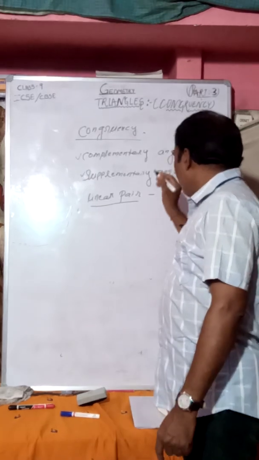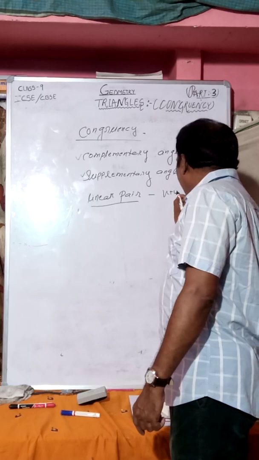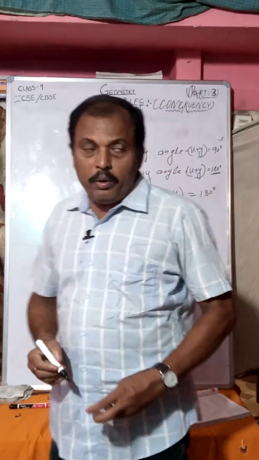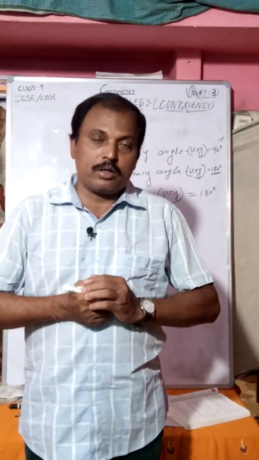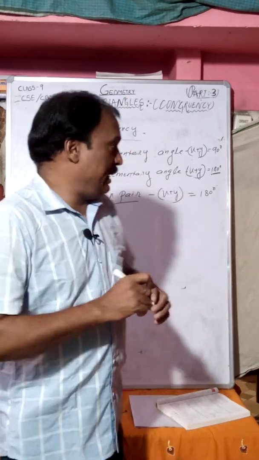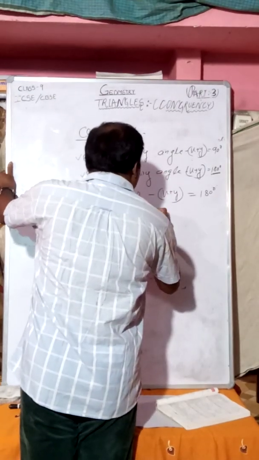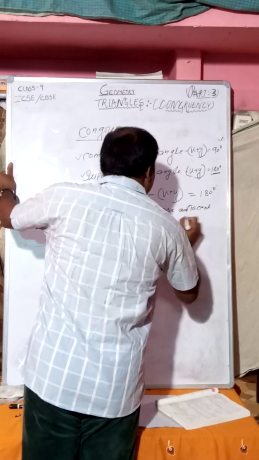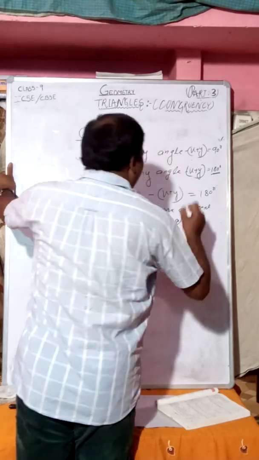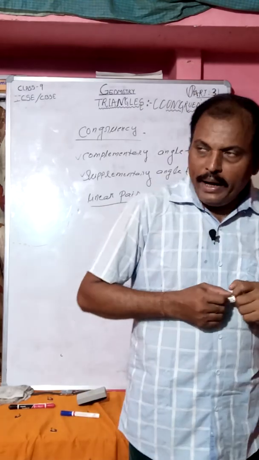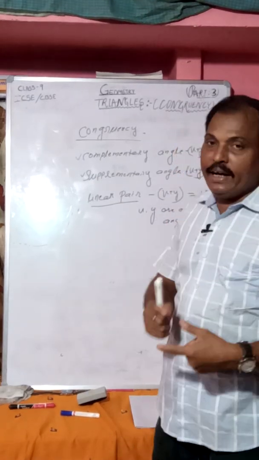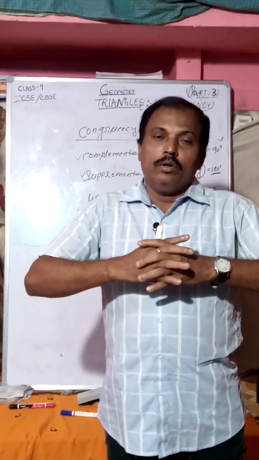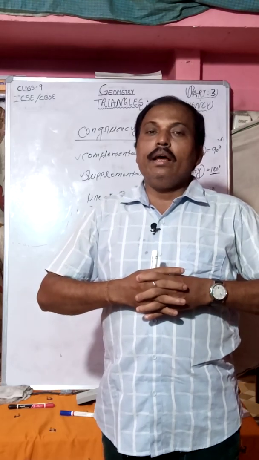What is a linear pair? If the sum of two angles is 180 degrees and those two angles are adjacent angles, then the two angles are called a linear pair.